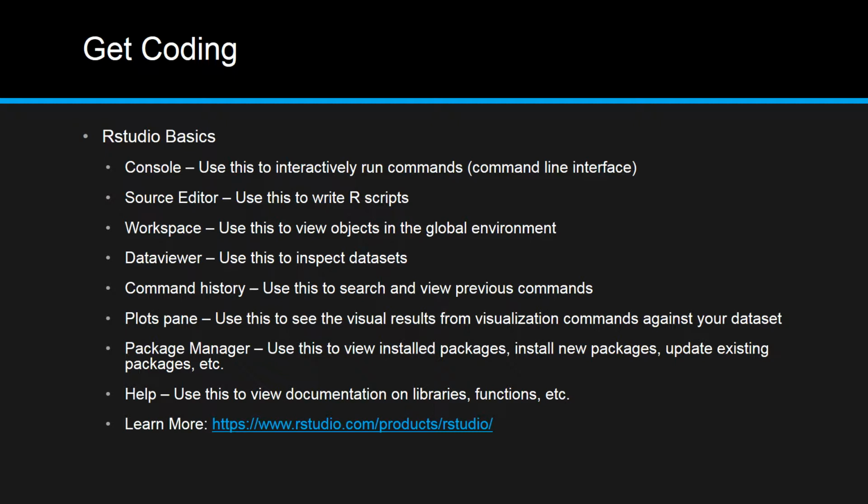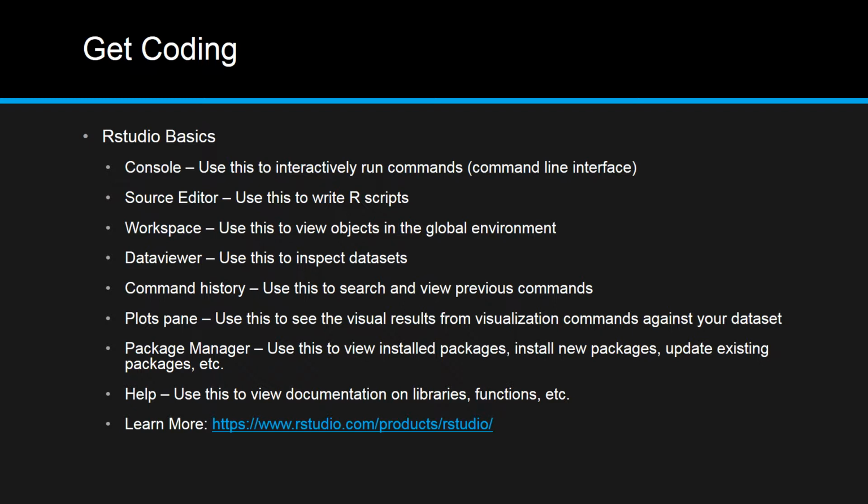And then what's really super useful is the viewer panes, starting with the plots pane. You can use that to see the visual results from your commands against your data set. Also, the package manager is in that same area, and that's really useful because you will want to see what packages are installed, install new packages, or update existing packages.